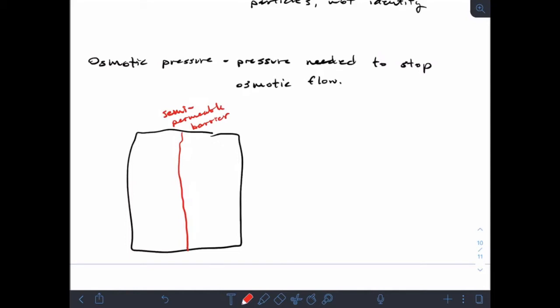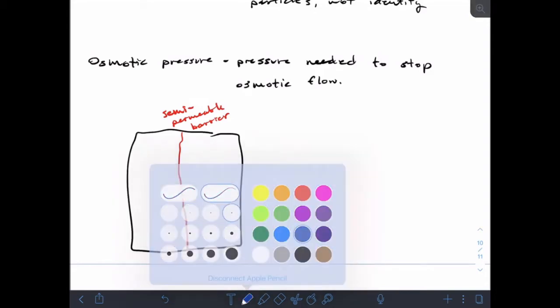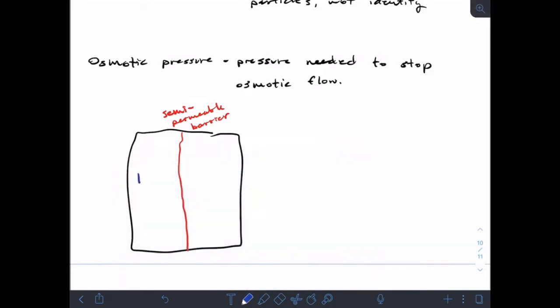Okay, so meaning that water molecules can pass through the barrier, but solute particles cannot. Okay, and on one side of the barrier, I set up with 1 molar sodium chloride solution, some salt solution. Okay, and on the other side, I have just pure H2O.